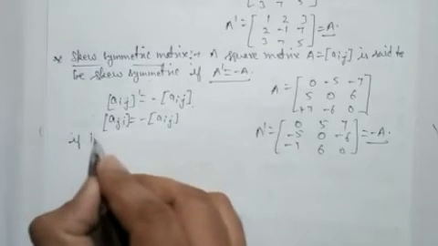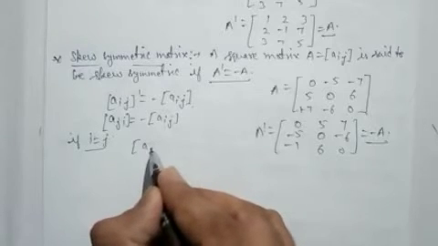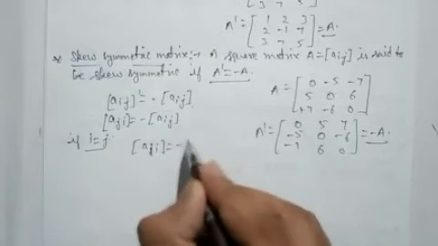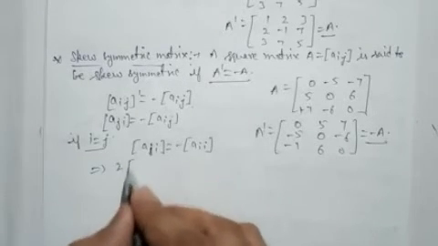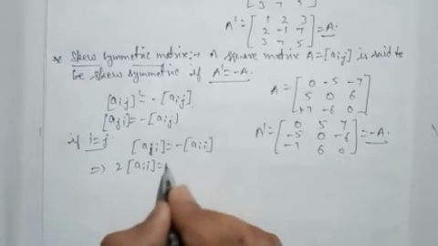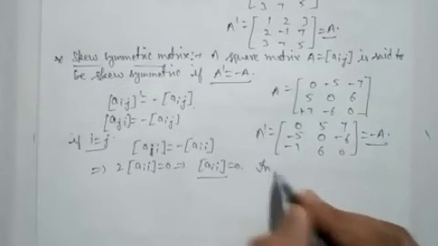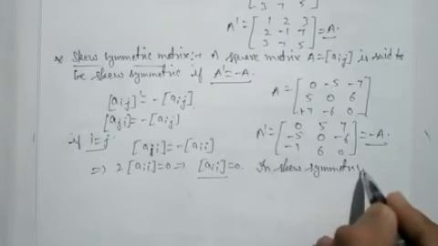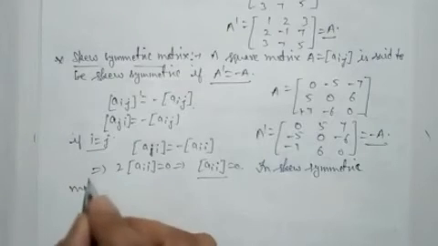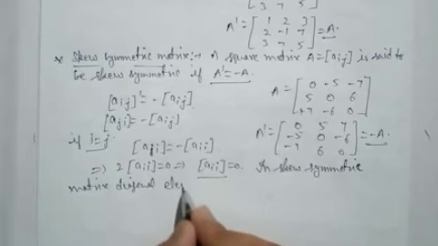If i equals j, then a_ii equals minus of a_ii. We take the left-hand side, 2a_ii equals 0, that implies a_ii equals 0. Means in a skew symmetric matrix, diagonal elements are 0.